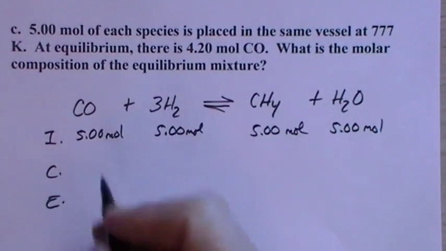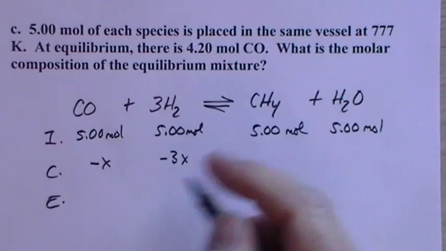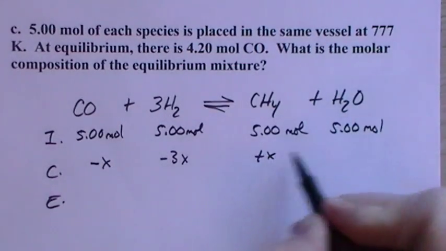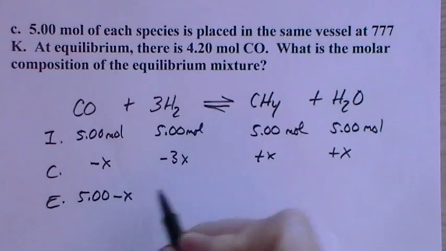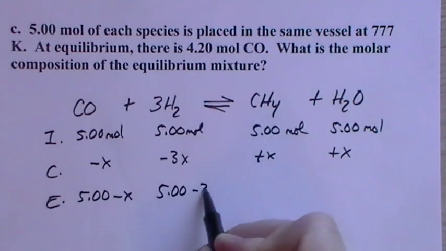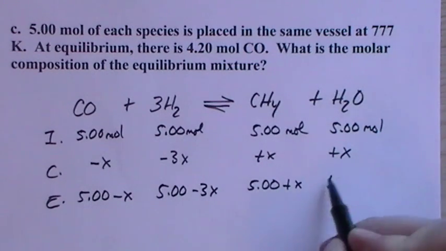And this is going to be minus x, minus 3x. So the reaction starts out this way. We lose some reactant, we gain some product, and then we end up with 5 minus x. Again, I'll leave off the units. We know what they are.